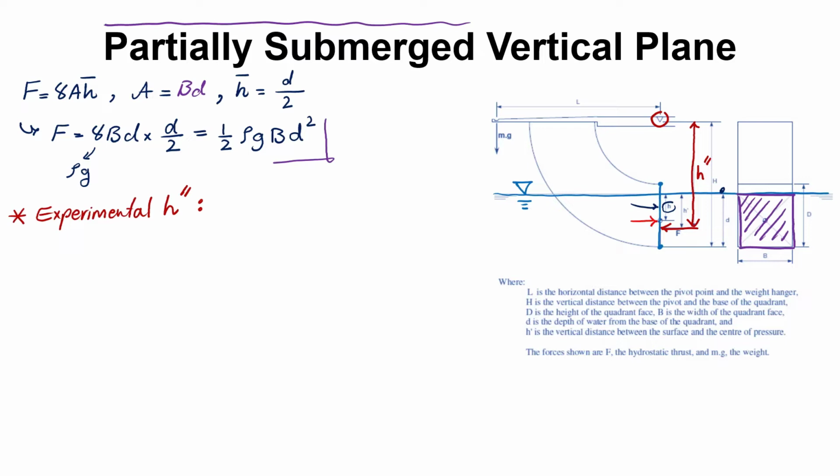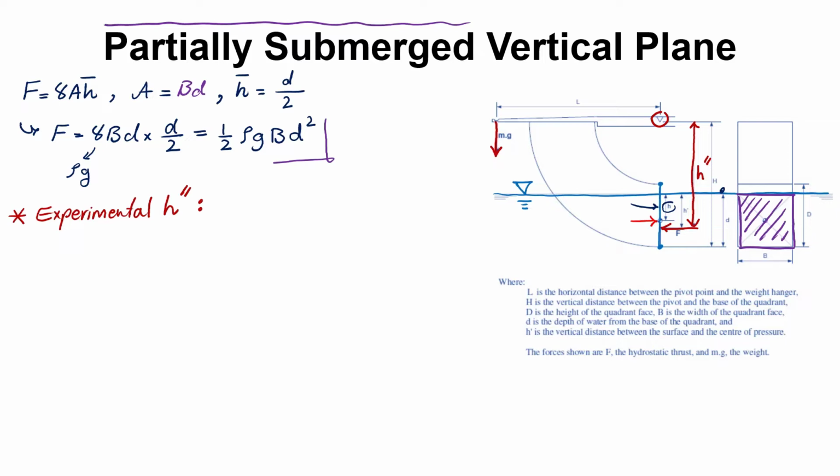In order to do that, the easiest way is to calculate the moments of all forces about the knife edge. So we have one force over here, that's our hydrostatic force. We have another force right over here, and this force is a result of the mass that we put on top of the weight band.